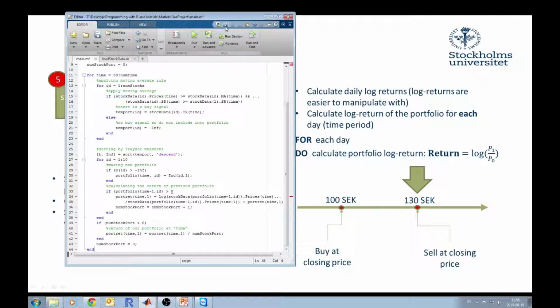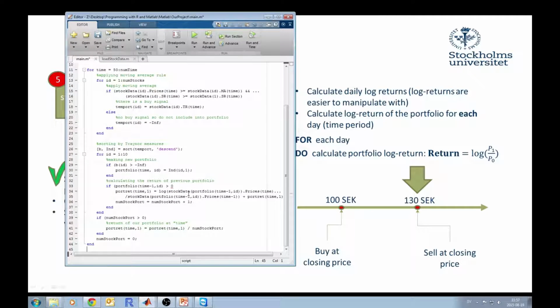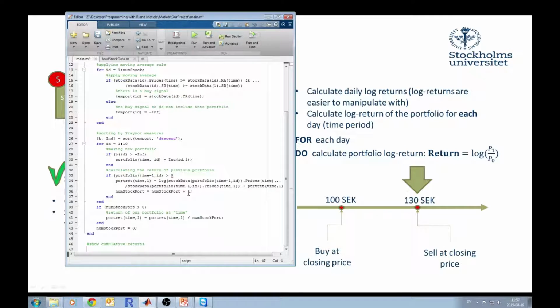And so right now what we have done, we haven't shown it yet, but we have calculated cumulative returns during the whole period. And to show the cumulative returns, you need to use plot and just write the portfolio variable, and that's it.